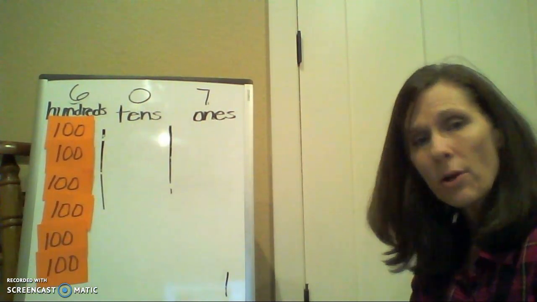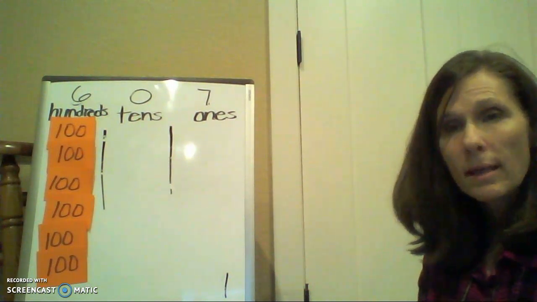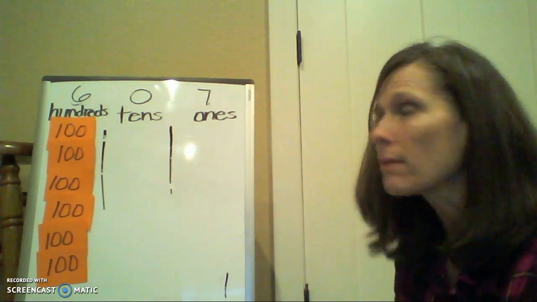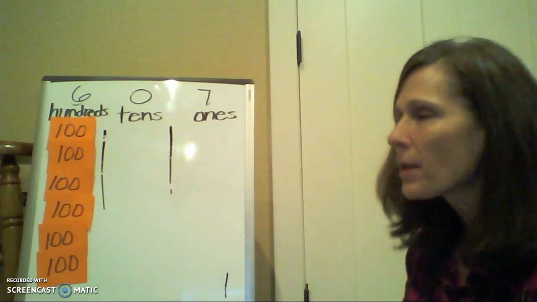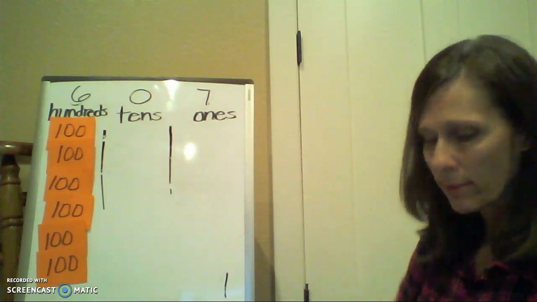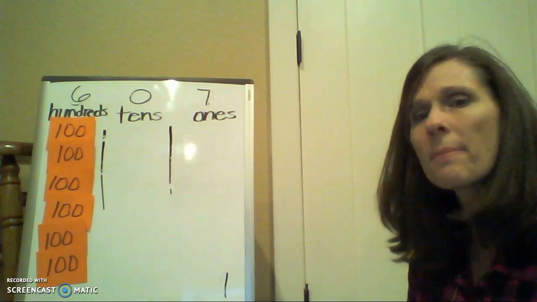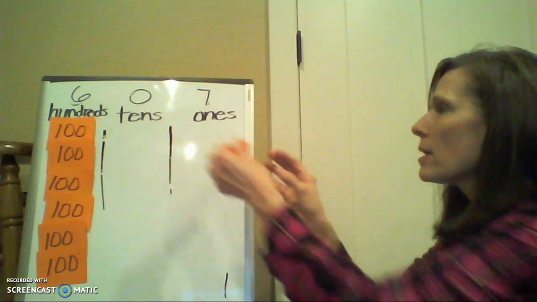Okay, what does the 0 mean when it's in the tens place? It means 0, nothing. So I'm not putting anything there. What about the ones? It says 7. Well, when I have a 7 in the ones place, that means 7 ones.